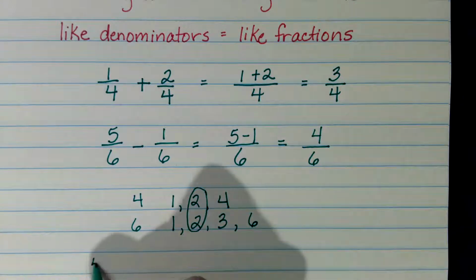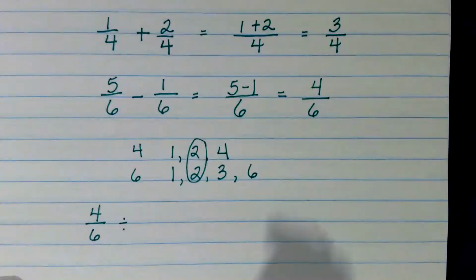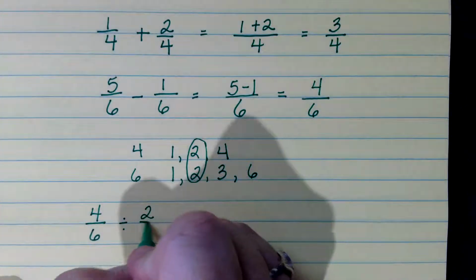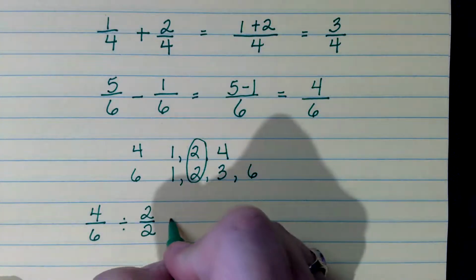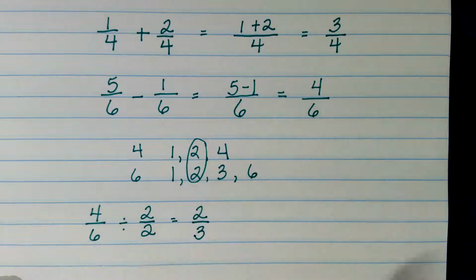So we're going to take 4/6 and simplify it by dividing by 2 over 2, which leaves us with 2/3. So again, adding and subtracting numbers with like denominators, those are called like fractions, we can add or subtract them very easily because they have the same label.